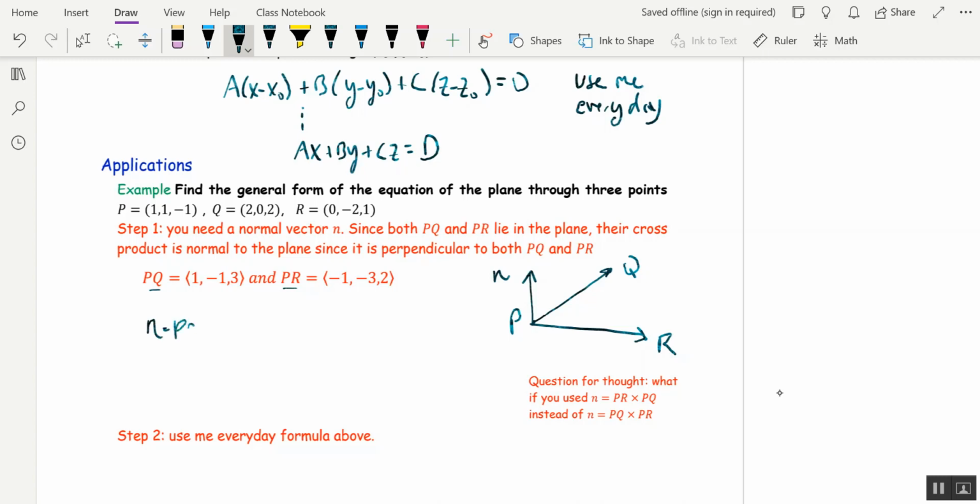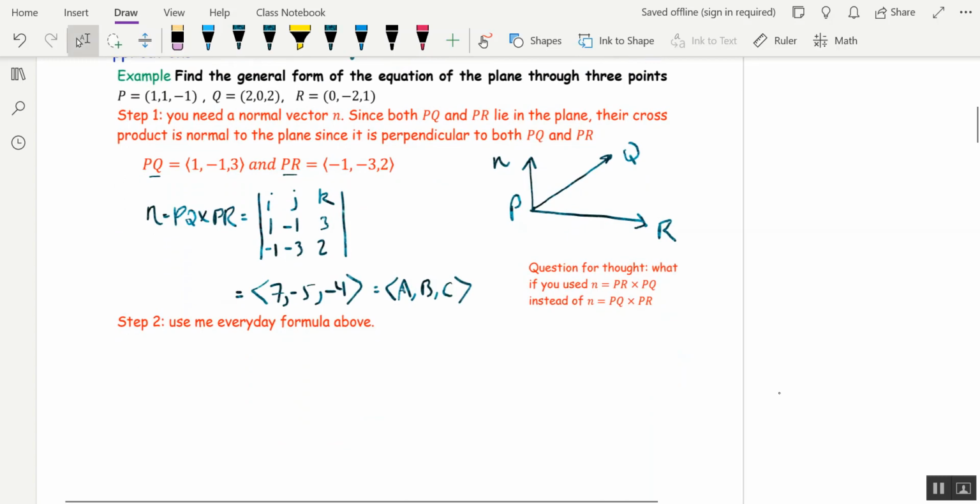N is PQ cross PR, and that's i, j, k, 1, negative 1, 3, negative 1, negative 3, 2. You should pause the video and see if you can do that cross on your own. Okay, hopefully you got 7, negative 5, negative 4, because that is the cross product. That's our capital A, capital B, capital C.